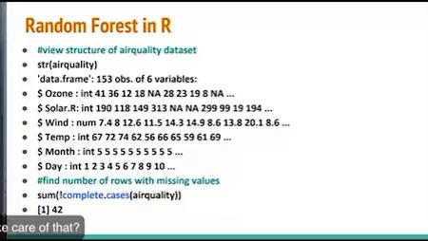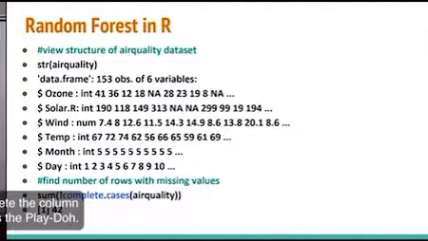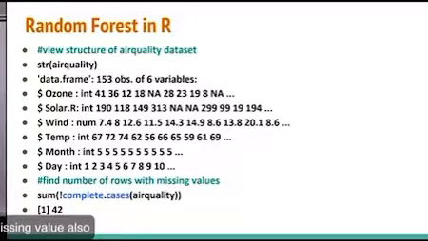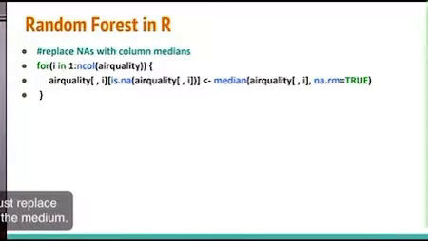How do I take care of that? There are some researchers that will say, okay, I'm going to delete the rows. You can't delete the column, because the column is the predictor. And if you delete the row, you are not only deleting the missing value, you're also deleting some other values. That is the reason why some say, okay, just replace them with the median.